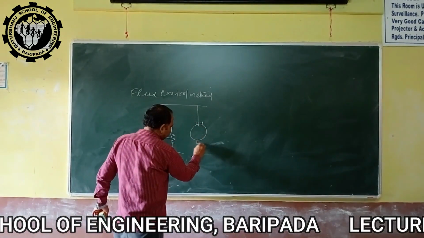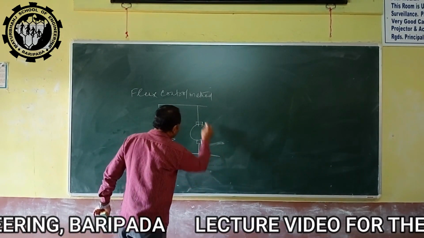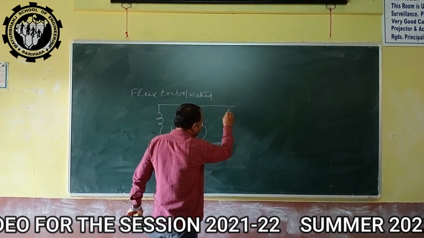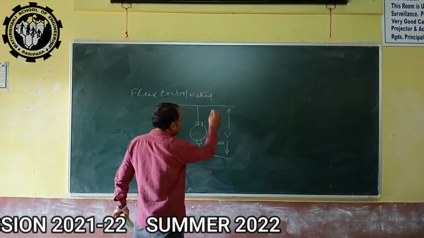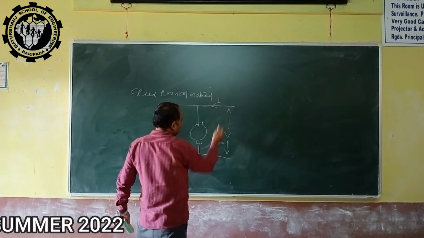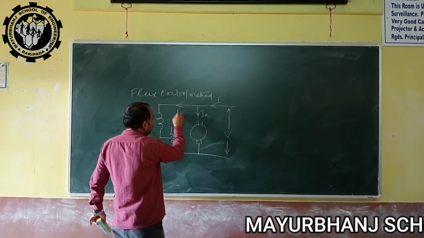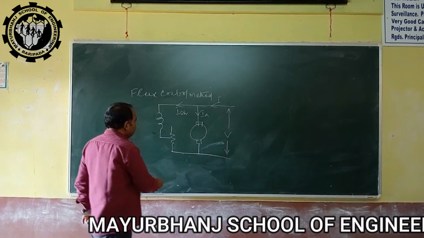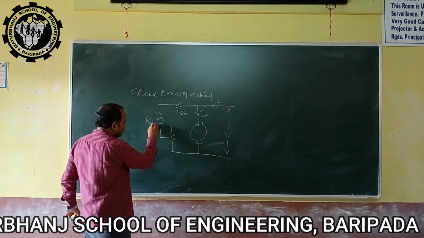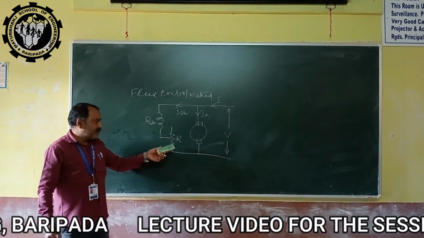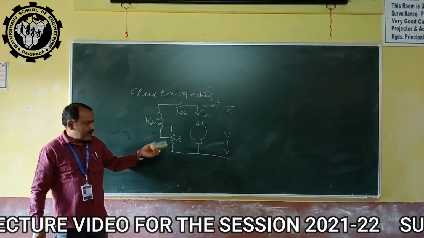This is your armature. Here the DC supply voltage is given, and due to that the total current I will flow. The armature current is Ia, the field current is Ish, and the field resistance is Rsh. R is the external resistance which is included in the field circuit.